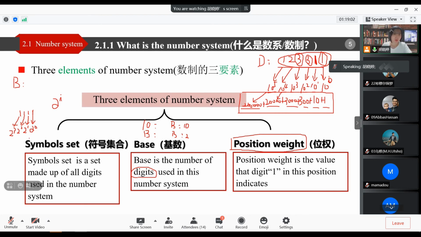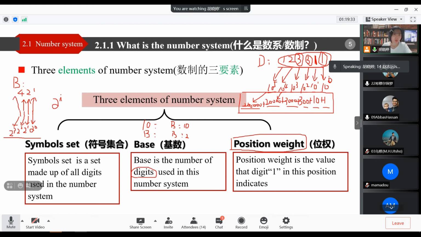According to this rule, this 1 corresponds to 1 multiplied by 1, which is 1. This 1 is 1 multiplied by 2, which is 2. This 1 is 1 multiplied by 2 power of 2, which is 4.